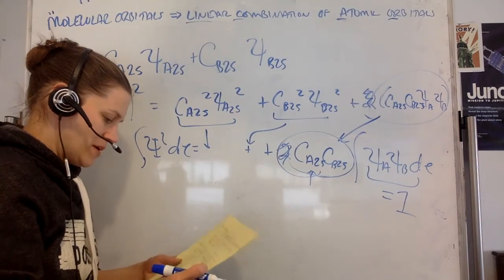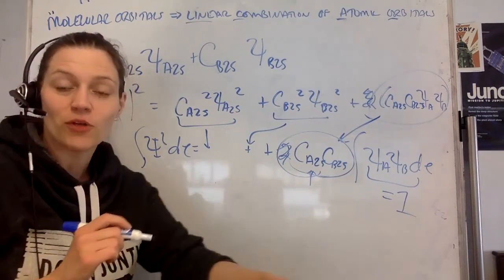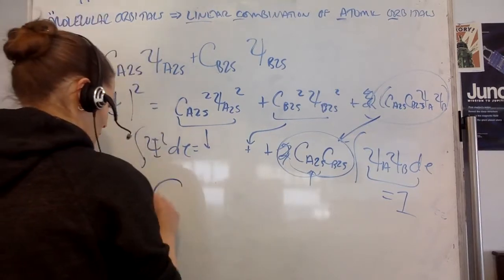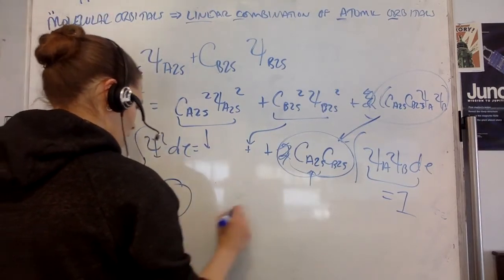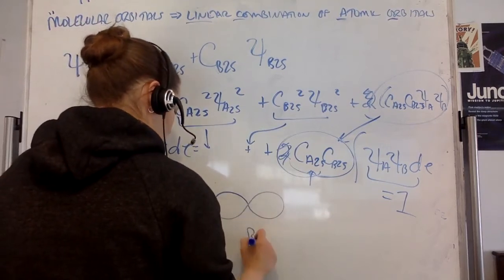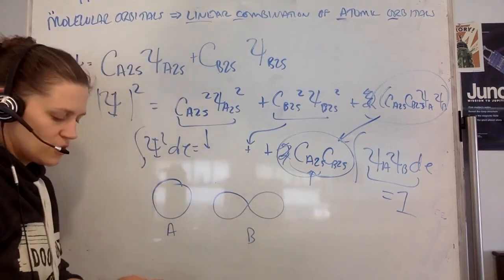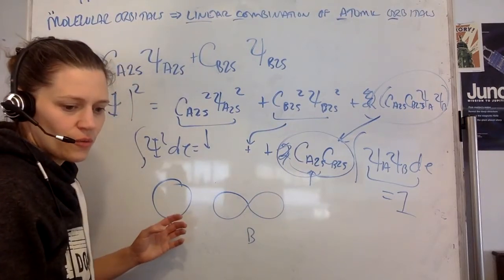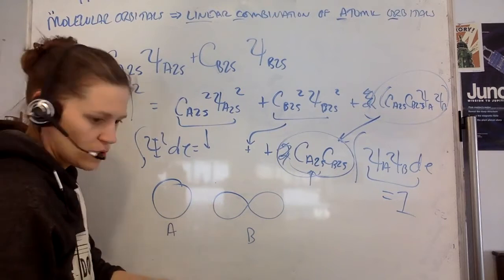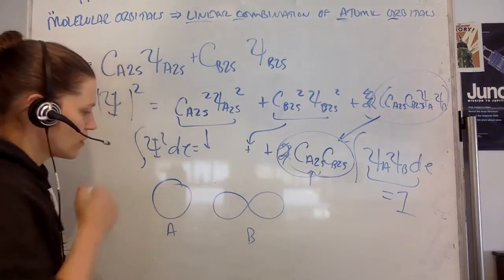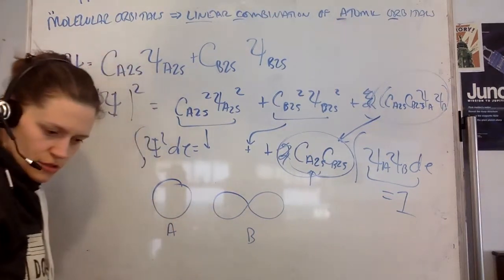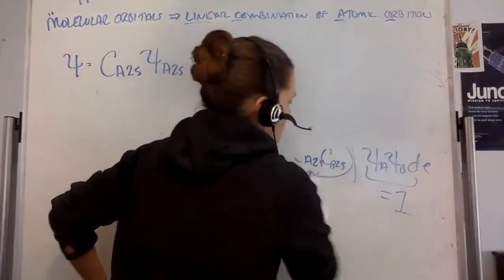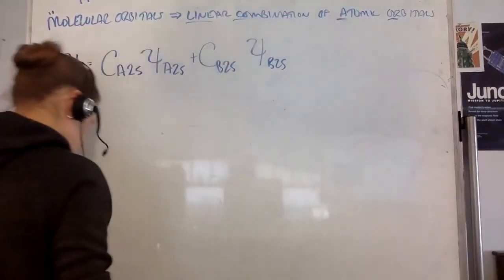Okay. But however, that's not the same when you've got an s orbital overlapping with a p orbital. So if you have, let's say this is A and this is orbital B. So depending on how much of an overlap you have, you may or may not get quite a large overlap integral. So I'm going to draw 3 different options.